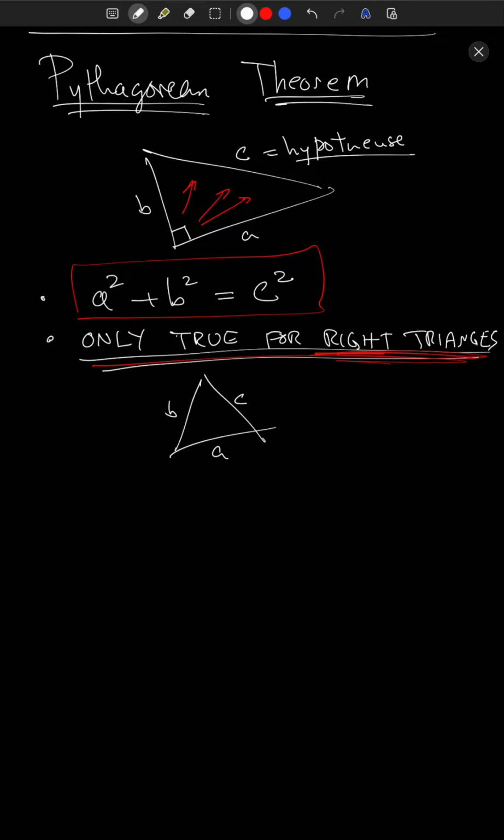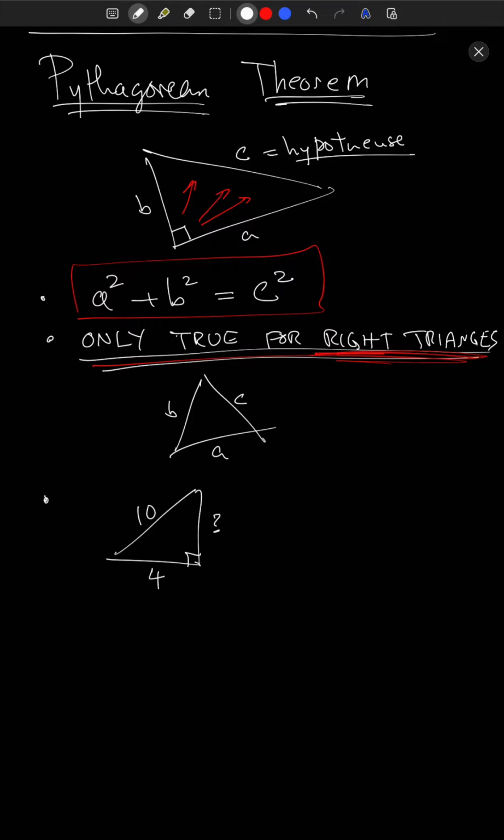All right, so in terms of computations and applications, one thing that we will see quite often in this class is where we have a right triangle and we know two of the side lengths. So for example, 10 here and 4 here. And we would like to know what this last length is.